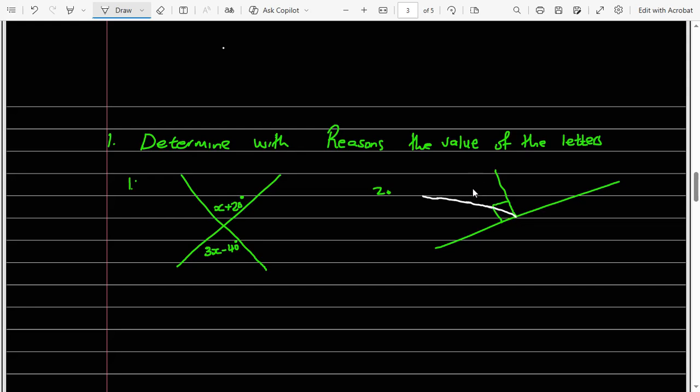Let's say this angle is 43 degrees, and this angle here is x, and then this angle from this point all the way to that point, this one is going to be very tricky, and that will be y. I need you to find y and x.